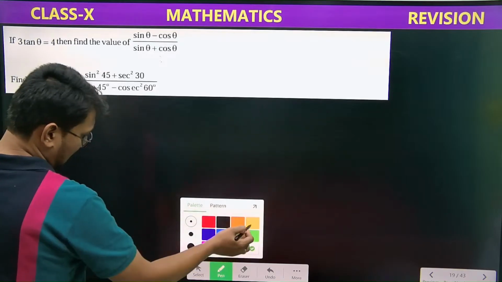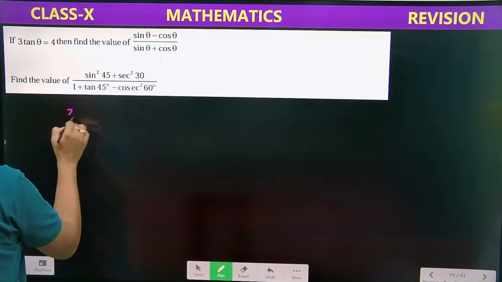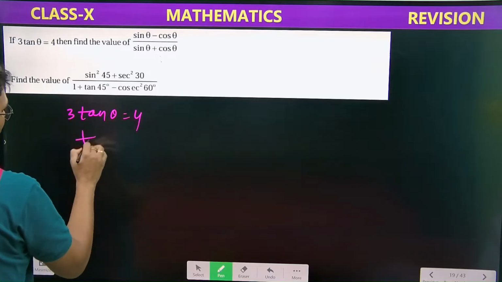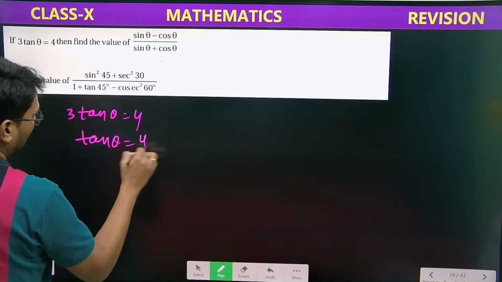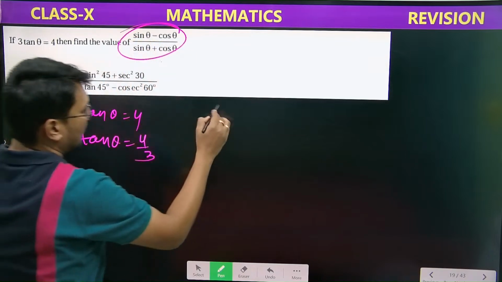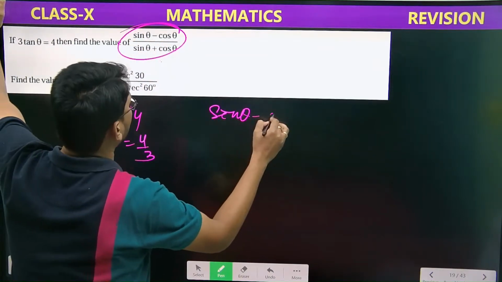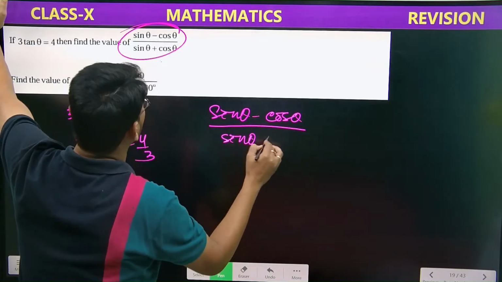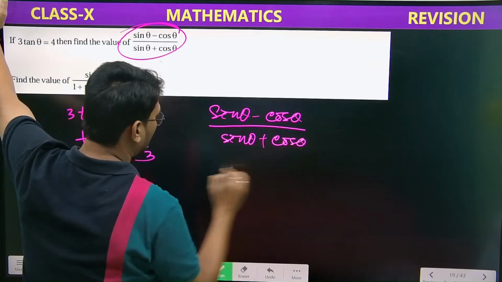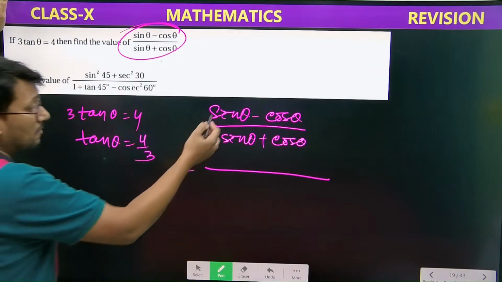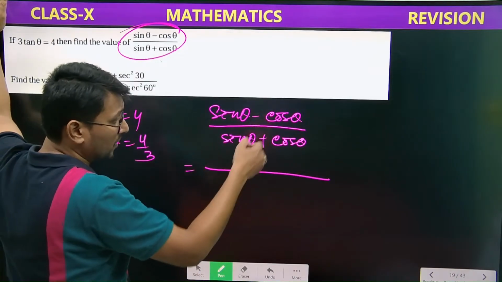See, how can you solve this? It is so easy. 3 tan theta equals 4, so tan theta equals 4 by 3. So use tan theta property here. How? Sin theta minus cos theta divided by sin theta plus cos theta, how will we get tan theta, kids? I'll get tan theta by dividing both numerator and denominator by cos theta.